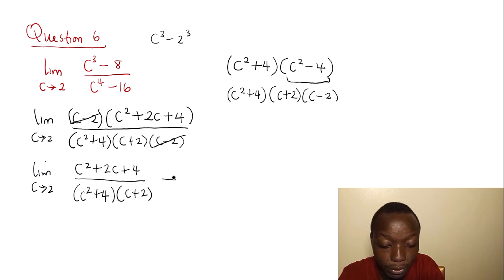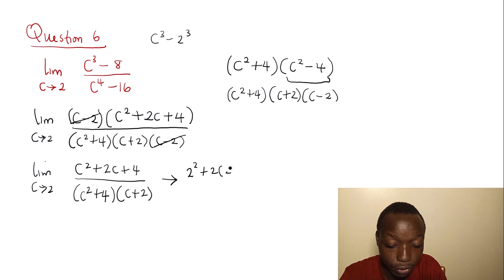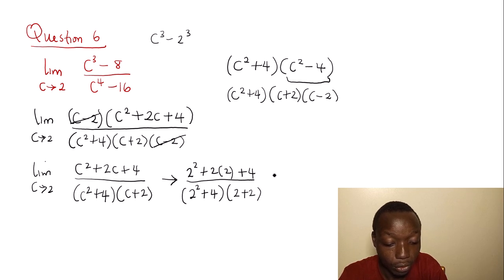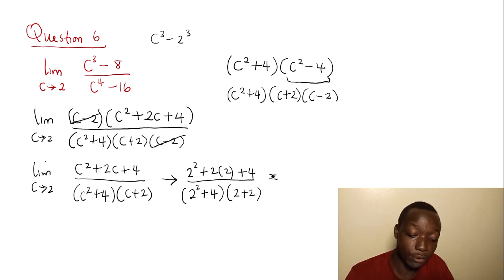So if we substitute into this, we're going to get (2 squared + 2(2) + 4) over (2 squared + 4) times (2 + 2). So 2 squared is 4, 2 times 2 is 4.